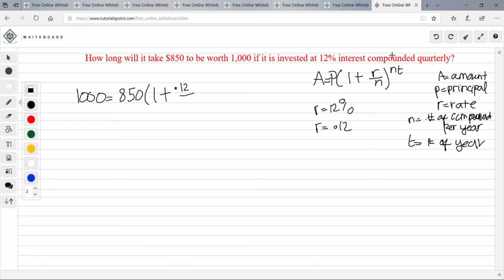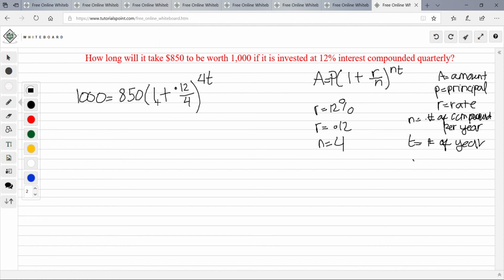It says compounded quarterly, so our n is 4, because quarterly means 4. And then we have to raise it to the n times t, so it's 4t. We don't know what t is, so that's why we put t. The question says how long, so we've got to find t.